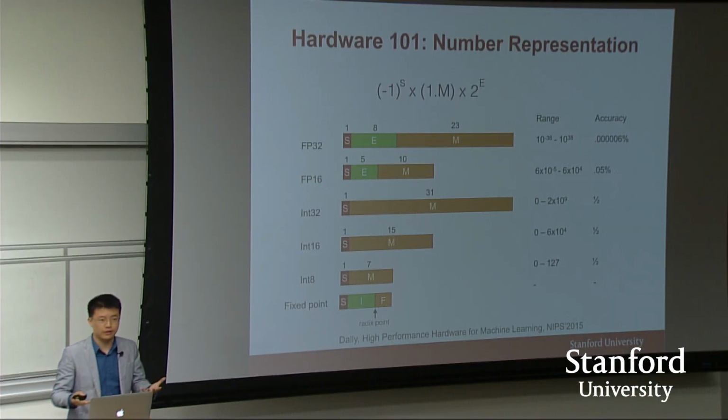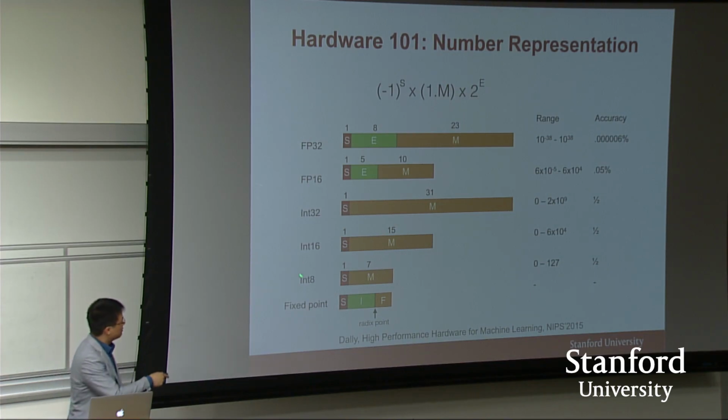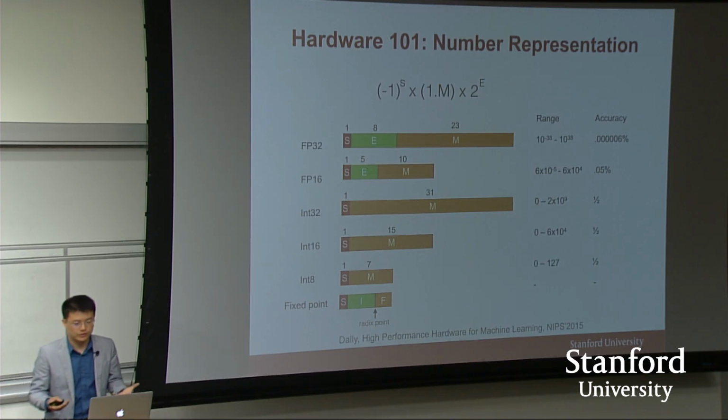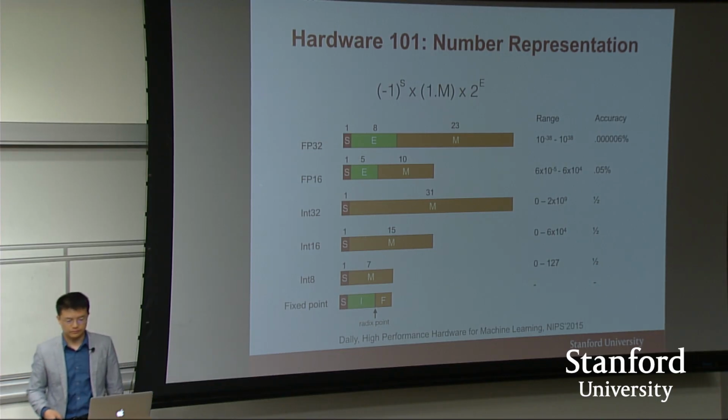Similarly, there is FP16 using 16 bits to represent the floating point number. In particular, I'm going to introduce int8, where the Google TPU uses an integer to represent a fixed point number. So we have a certain number of bits for the integer, followed by a radix point, different for different layers, and lastly, the fractional bits.